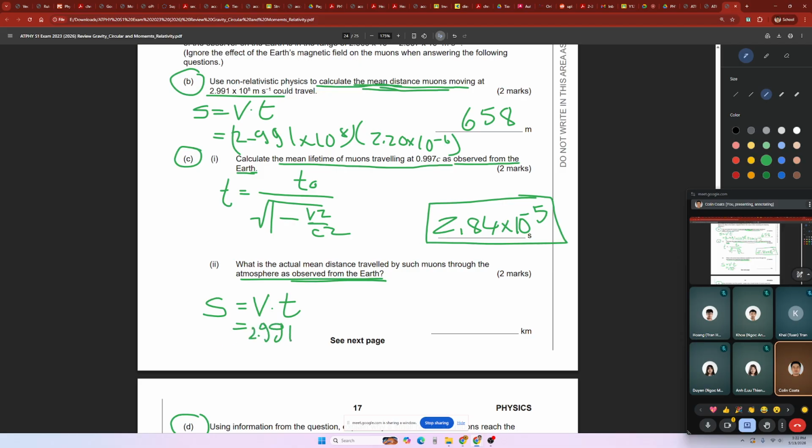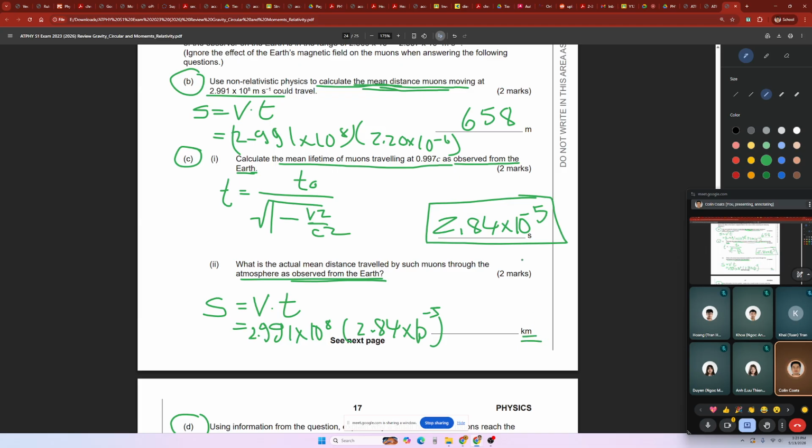So how do I know to use this? Because that's the velocity we're given. You can work it out. Okay, and then this one, 2.84, and that is in seconds.